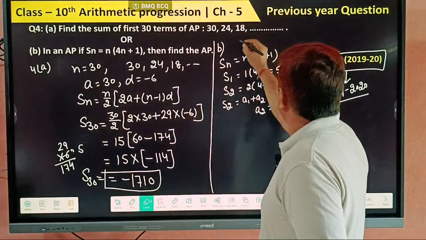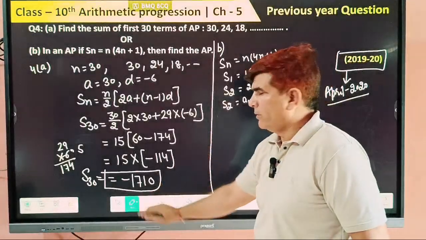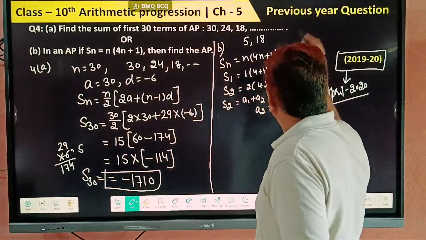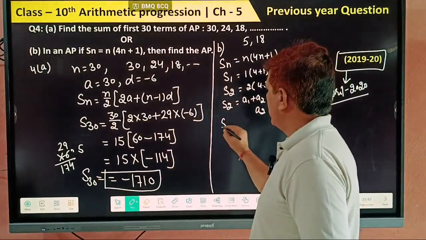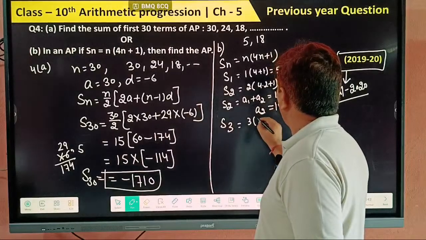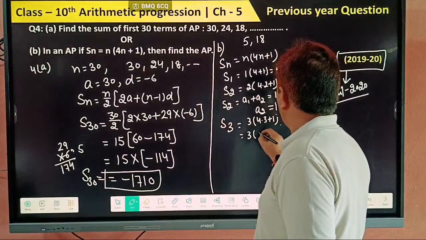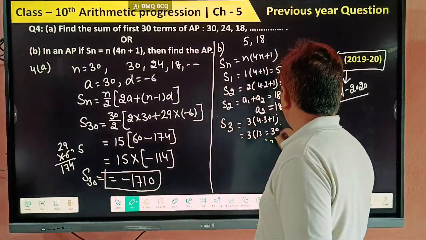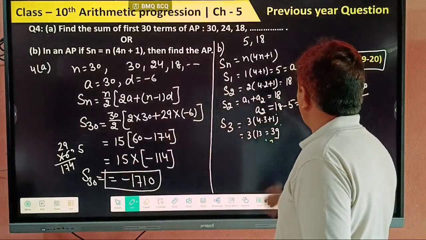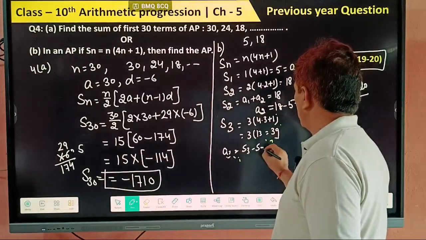So what's your first term? 5. Second term 13. Similarly, we can find S3 equal to 3 into 4 into 3 plus 1. 12 plus 1, 13, 3 into 13 is 39. What's its meaning? a3 is equal to S3 minus S2.